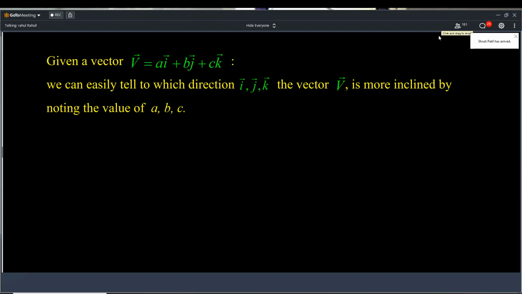What is the use of orthonormality? If these basis vectors are orthonormal, then by simply observing the values of a, b, c, you can find out the direction in which the vector V is pointing. If your basis functions are not orthonormal, then this is not possible. You cannot do this.